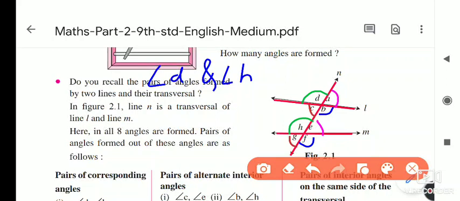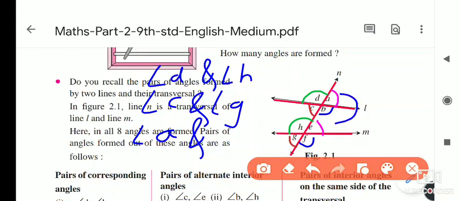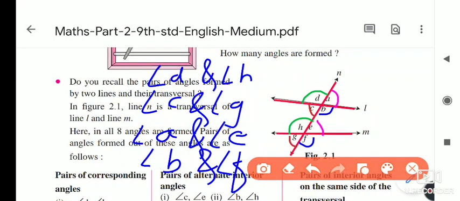Then angle C and angle G is the second pair. Then angle A and angle E, in pink color, is the third pair, and at last angle B and angle F is the fourth pair of corresponding angles.